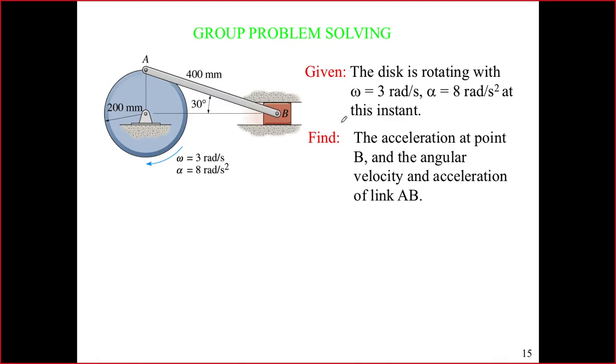Now, in this case, what's happening? There's this disk which is rotating with angular velocity of 3 radian per second and an angular acceleration of 8 radians per second squared at this instant. Perfect. Now, what we want to do is find the acceleration of the point B and the angular velocity and acceleration of link AB.